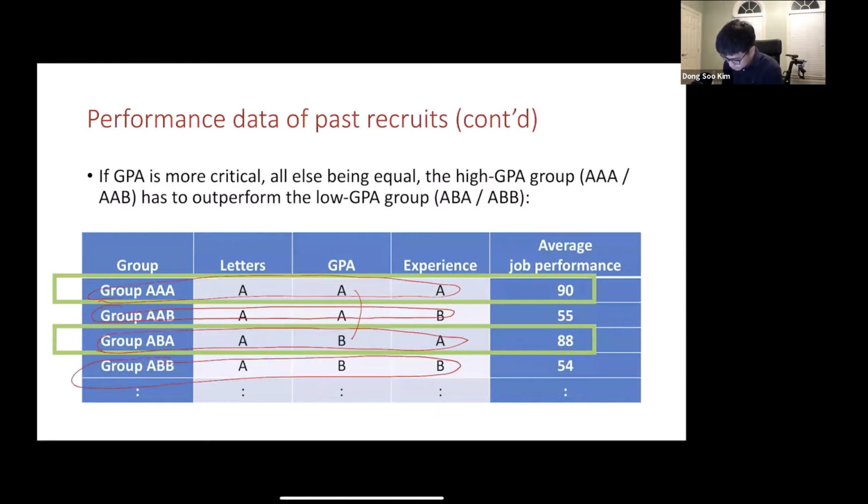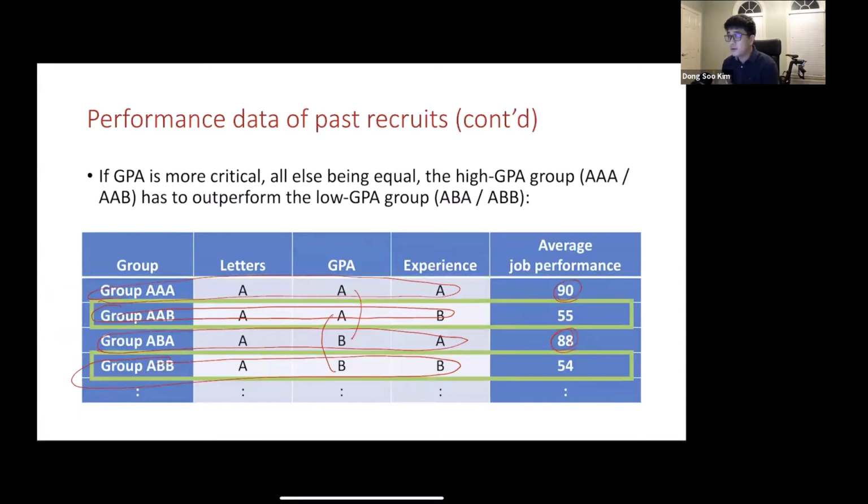So in this pair, GPA is the only one difference. But the result says GPA doesn't make any change in the job performance score. Group ABA's job performance score is 88, which is very close to group AAA's score, 90. And the same result is found in the other pair. Group ABB's job performance score is 54, which is almost the same as group AAB's score, 55.